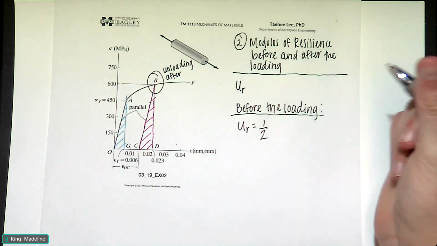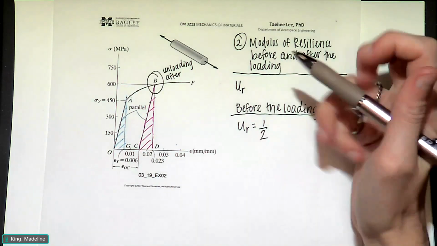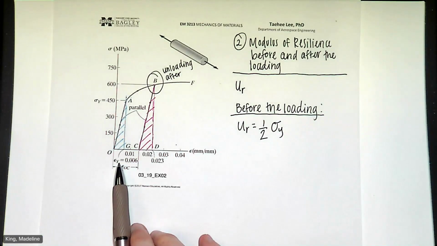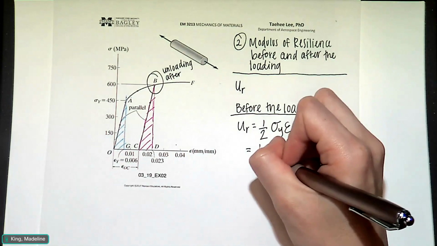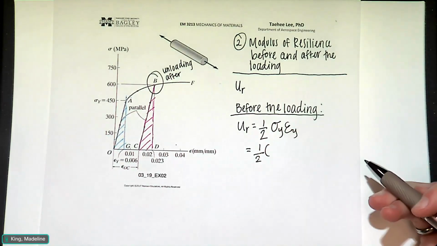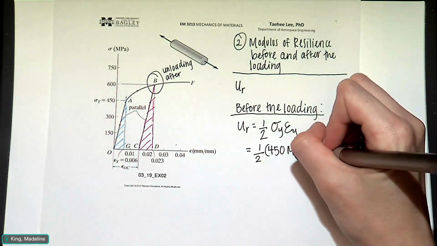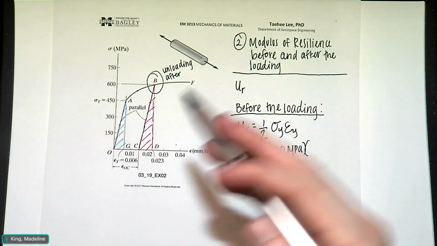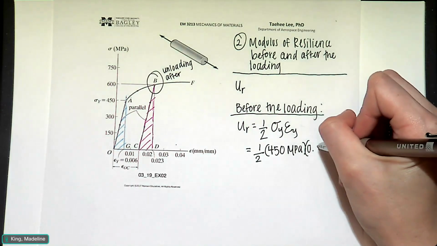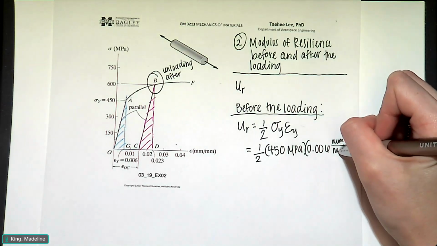So 1/2 times our height, which is sigma y, times our base, which will be epsilon y. So 1/2 times sigma y, which is 450 megapascals, times epsilon y, 0.006 millimeter per millimeter.